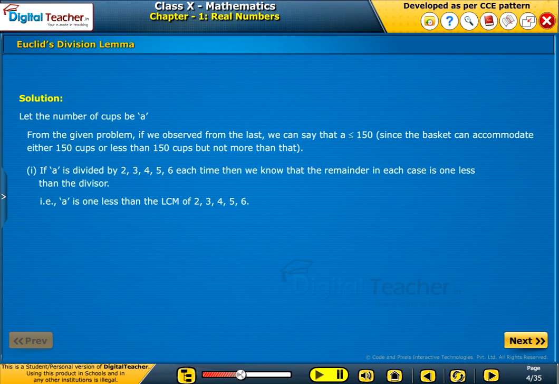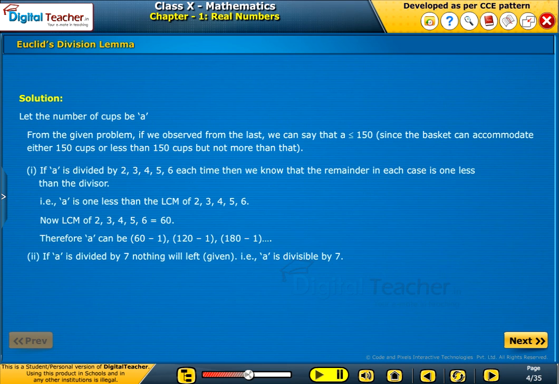That is, A is 1 less than the LCM of 2, 3, 4, 5, 6. Now the LCM of 2, 3, 4, 5, 6 is 60. Therefore, A can be 60 minus 1, 120 minus 1, 180 minus 1, and so on.